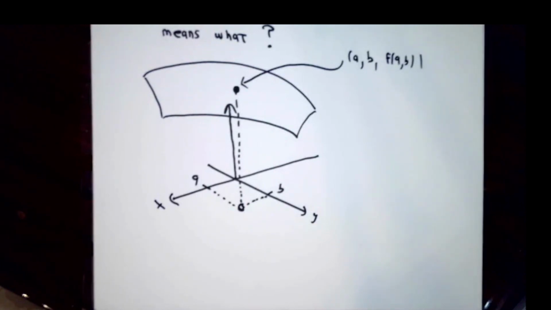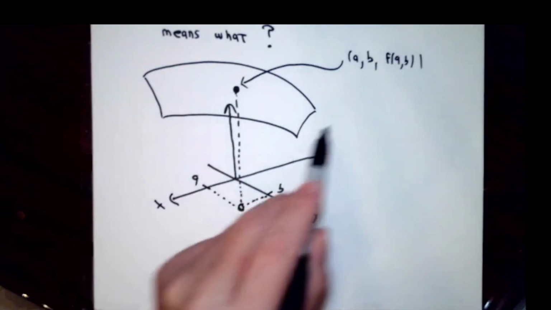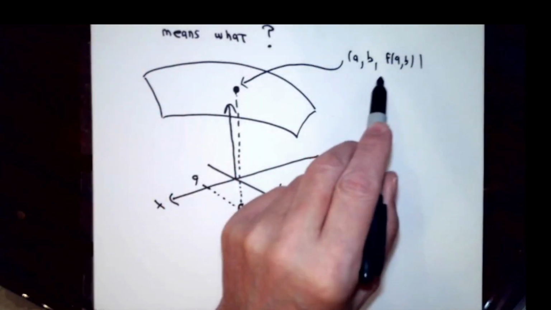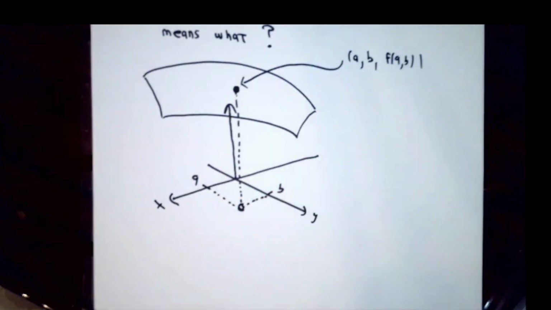The z-coordinate on the graph will be the function value of f that goes with that point. So I'm going to have a point of my surface, x-coordinate a, y-coordinate b, and z-coordinate f at a comma b. I first want to think about the partial derivative with respect to x.